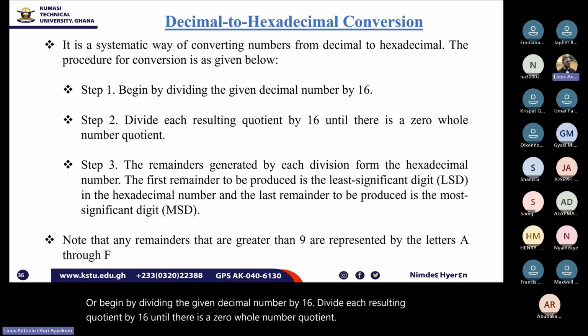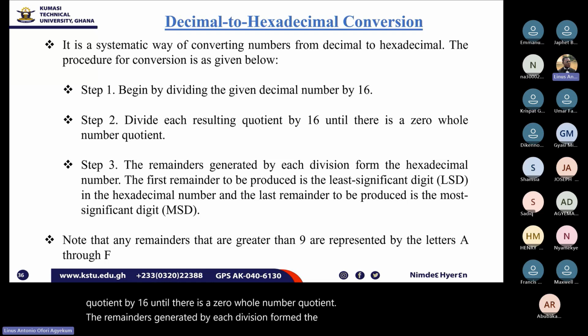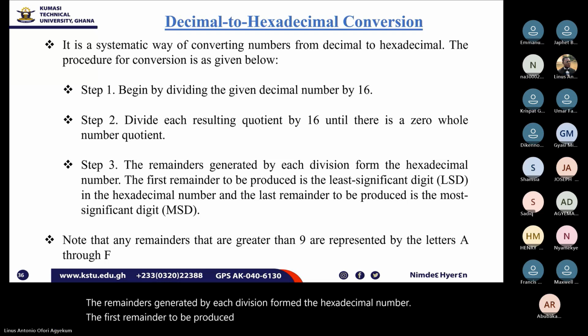The first remainder to be produced is the least significant digit in the hexadecimal number, and the last remainder to be produced is the most significant digit. Note that any remainder greater than 9 is represented by the letters A through F. So you take note of that.